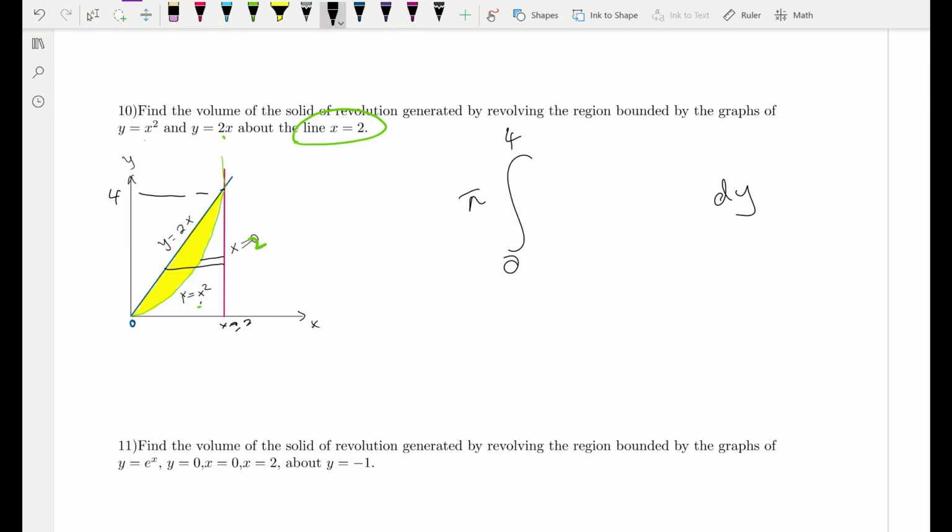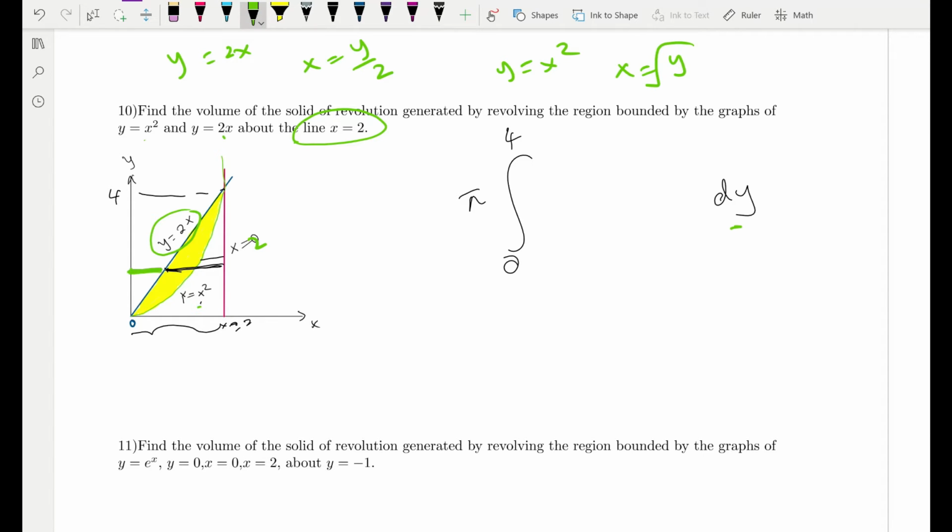Now think about this. What's the length of this longer line? That's the one that comes first, right? This total distance is 2, and then what's the missing distance here? That's the function itself, right? Now remember, you are setting up the integral with respect to y, so you need to rewrite this function. y is equal to 2x is x is equal to y over 2. y is equal to x squared is x is equal to square root y.